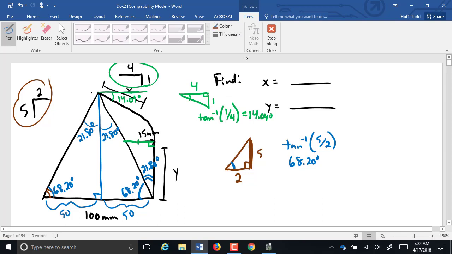What that'll tell me is that angle in there. The 21.80 and the 14.04 add up to 35.84. The three of them together add up to 90 degrees, so we subtract that from 90, which is 54.16 degrees.